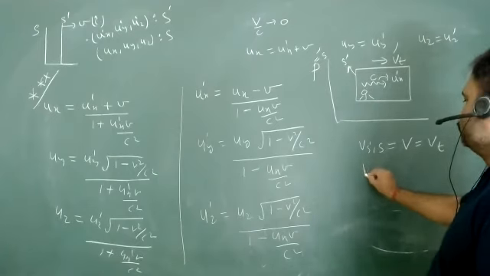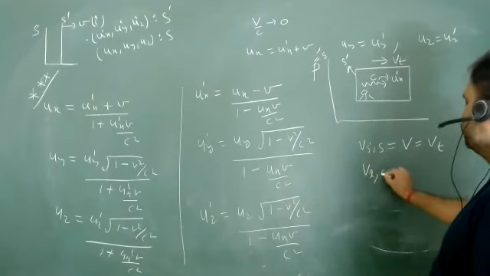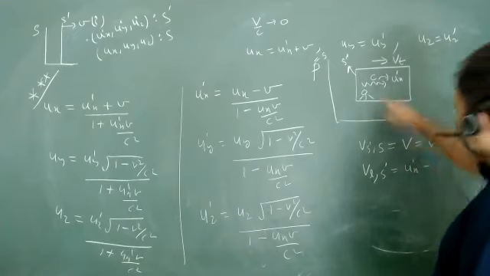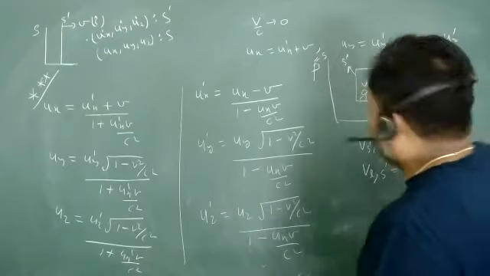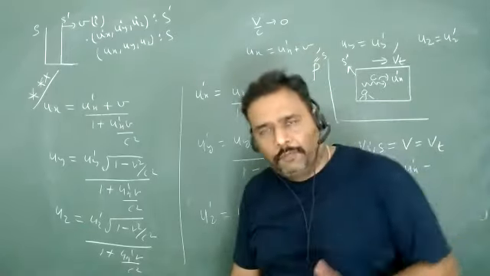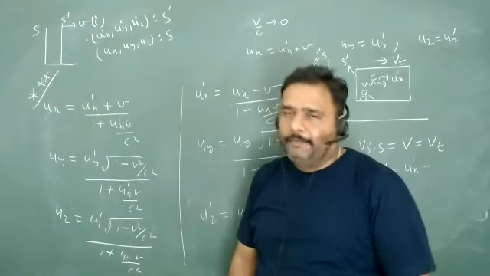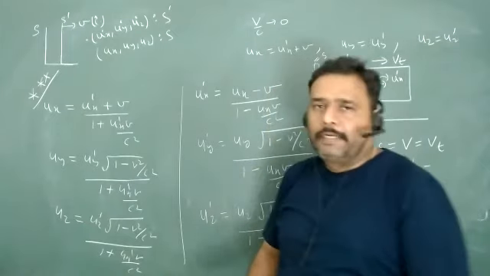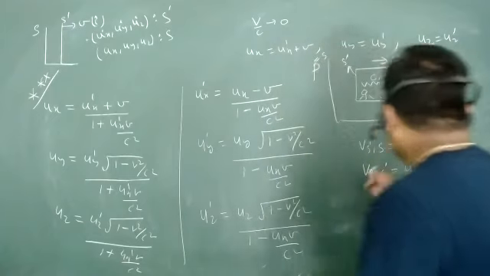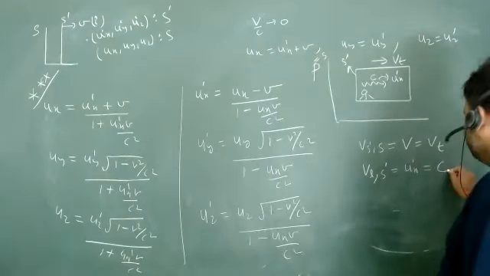And the velocity of the light pulse with respect to S dash is ux dash. Right now this is moving only in the x direction. Don't worry, we will move in the y direction and the z direction too. Every time we will just prove that the speed of the light pulse does not change. So this value is equal to c.